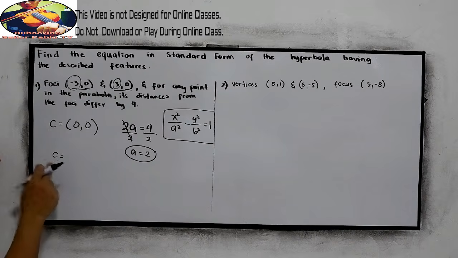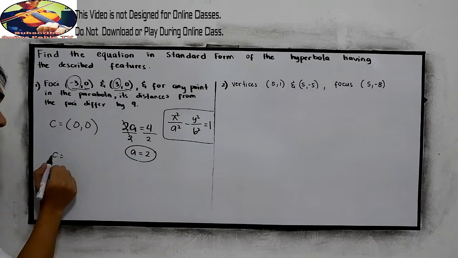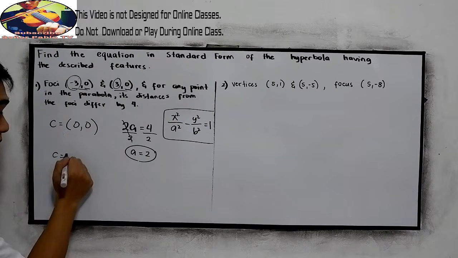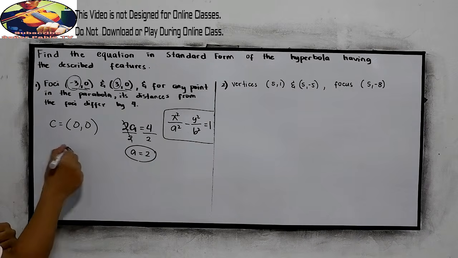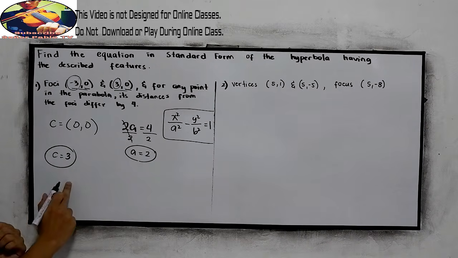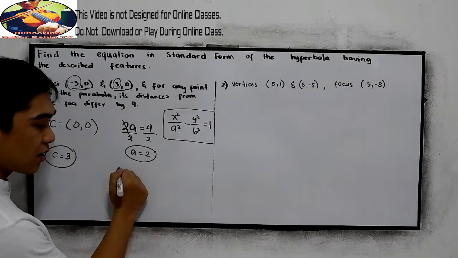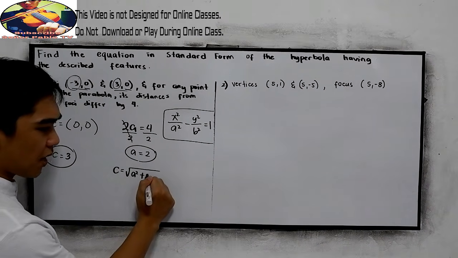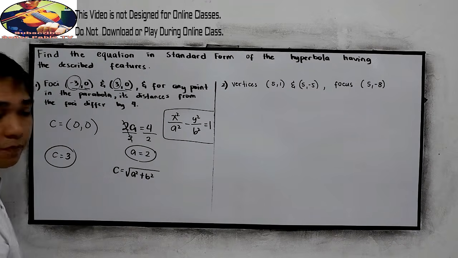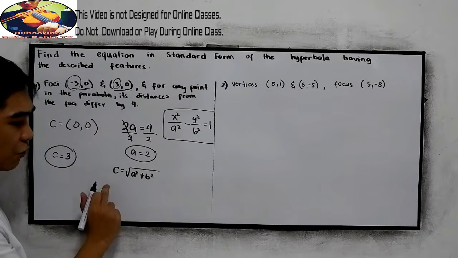That means this is the distance of our c. Since c is a distance, we're just going to get the positive, the length. Now we have values for a and c. Using our formula, c is equal to the square root of a squared plus b squared. We're going to find b.